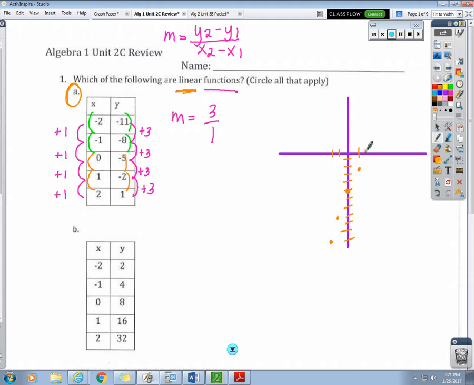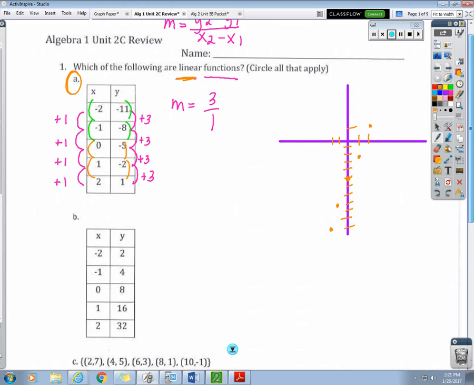And 2, 1 is right 2, up 1. Don't those points that we just plotted form a straight line? My graph isn't perfect, but if you were graphing this on graph paper, that would be perfectly lined up, which is another way you can confirm that this is a linear function.